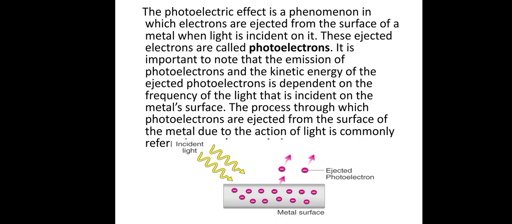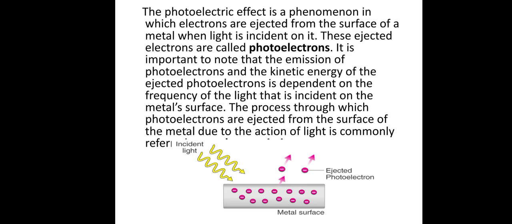So, the results of the photoelectric effect experiment: the electrons are ejected from the metal surface as soon as the beam of light strikes the surface. That is, there is no time lag between the striking of the light beam and the ejection of electrons from the metal surface. Now, the number of electrons ejected is proportional to the intensity or brightness of light.